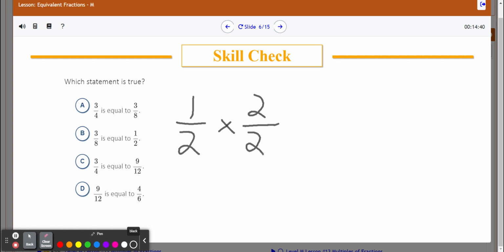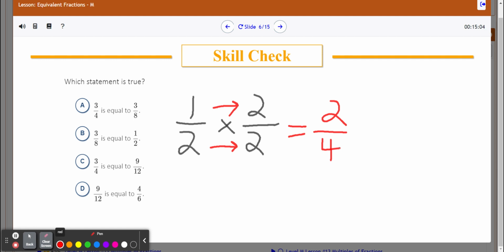That's just a multiplication rule. So I'm going to multiply 1/2 by 2 over 2 because 2 over 2 equals 1. But look what happens. I multiply the numerator by the numerator, 1 times 2 gives me 2, and the denominator by the denominator, 2 times 2 equals 4.